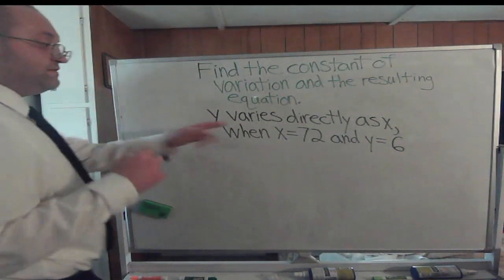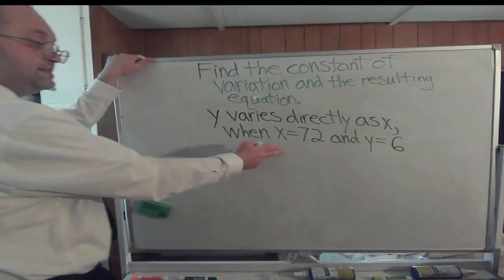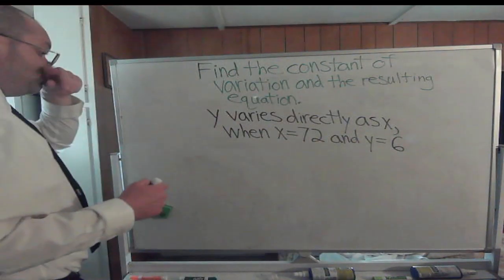Alright, so y varies directly as x when x is 72 and y equals 6.